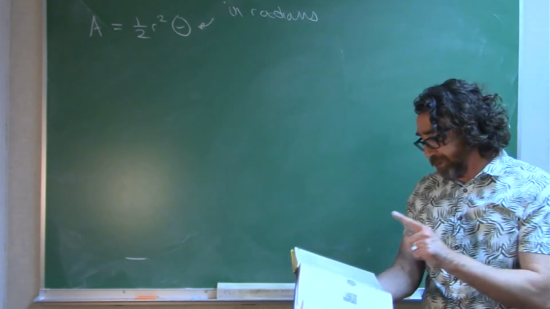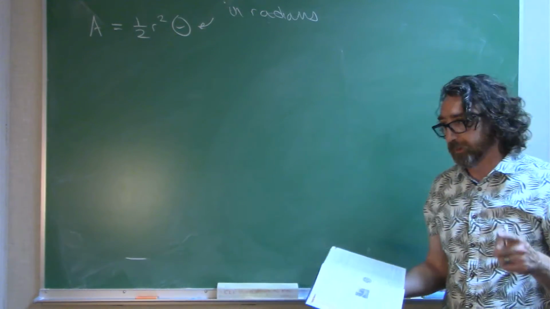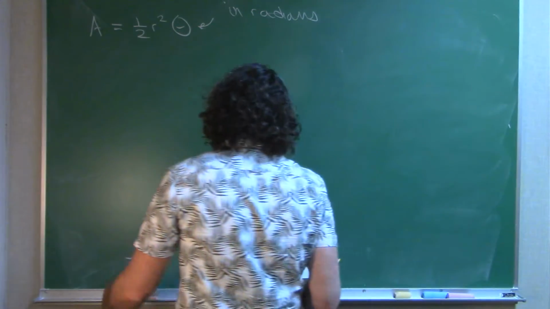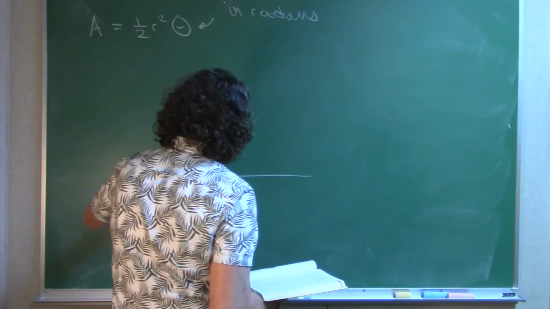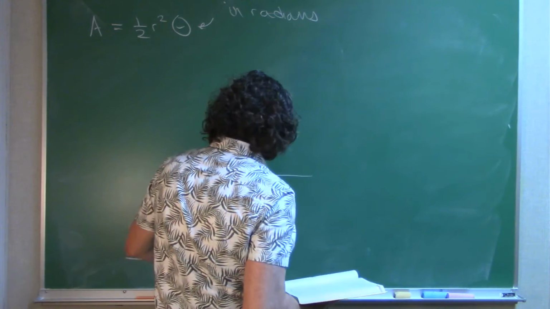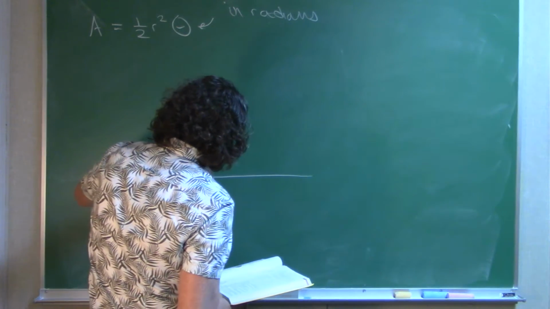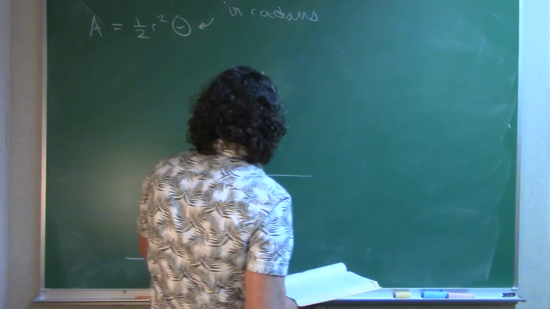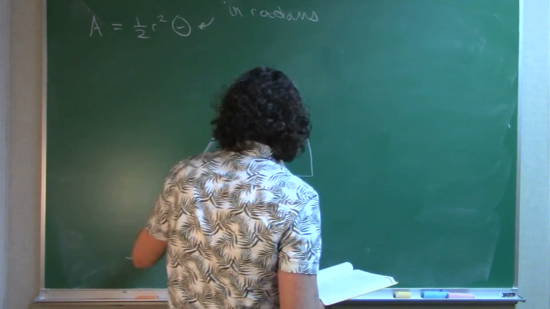Okay, so we're imagining that an automobile windshield wiper is 10 inches long and it rotates through an angle of 60 degrees. Okay, so from here to, oh, I don't know, about there. Okay, something like that. So we're going to rotate through an angle of 60 degrees.